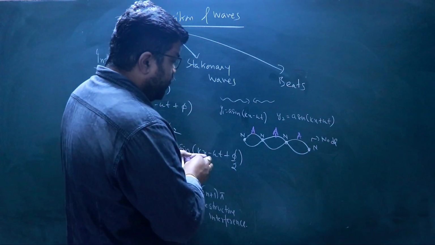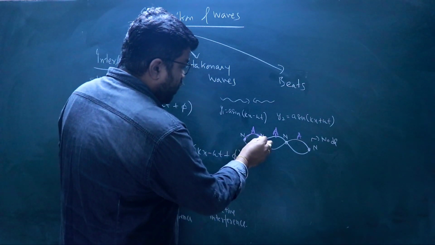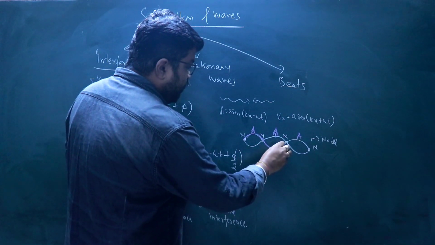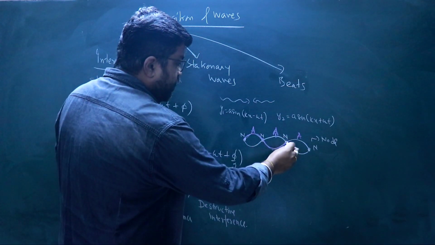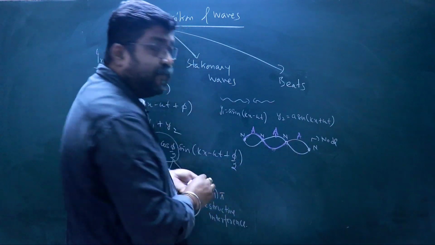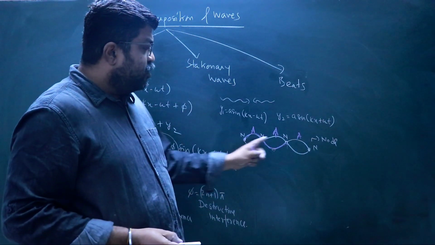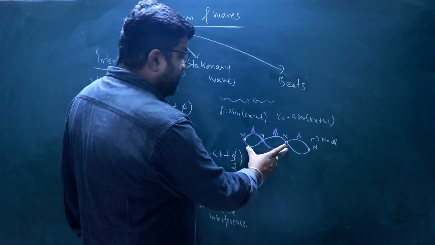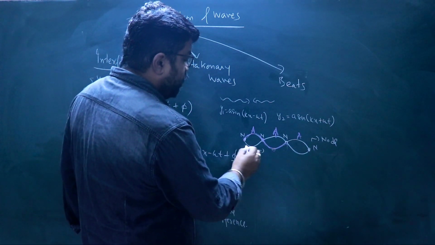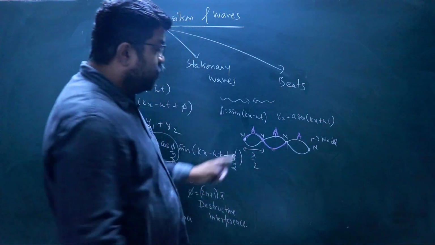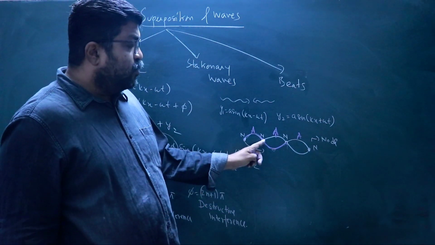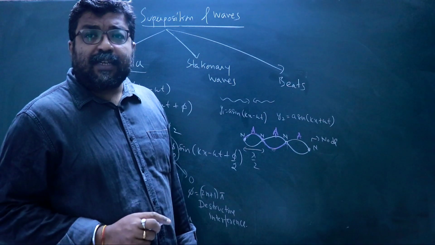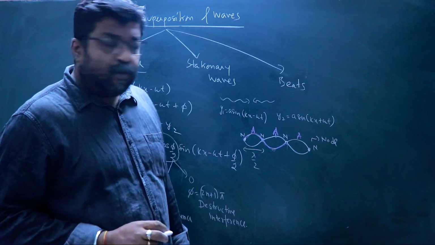As you can see, this looks like one wave from this position to this position, isn't it? So the distance between these two points will be lambda. If this is lambda, then this will be lambda by 2. This is a node, this is another node, so successive nodes are separated by a distance of lambda by 2.